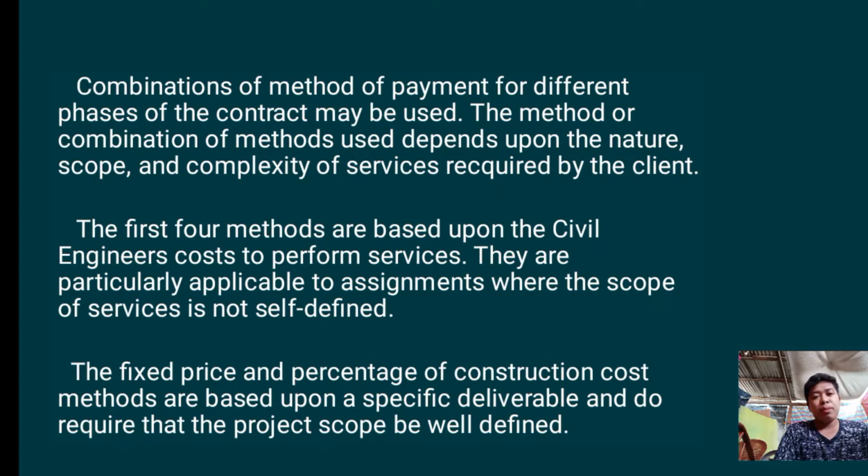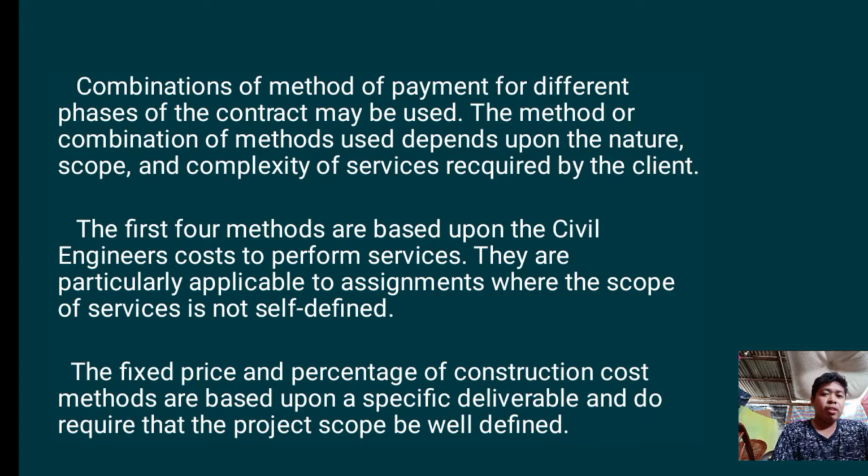So the first 4 methods yung nabanggit kanina, yung salary cost times multiplier plus direct non-salary expense or reimbursable, yung hourly billing rates plus reimbursable, per diem, at yung cost plus fixed fee or CPFF, are based upon the civil engineering cost to perform services.